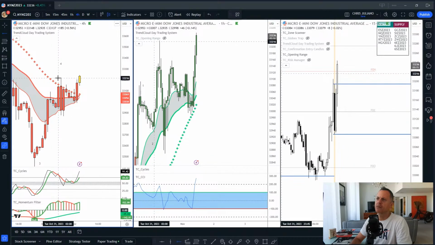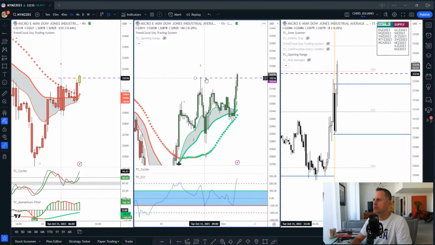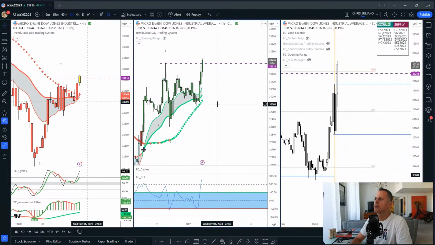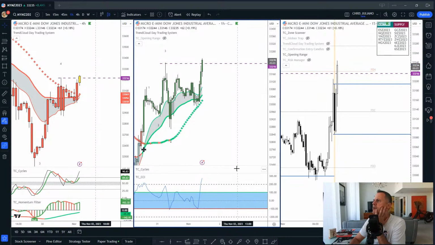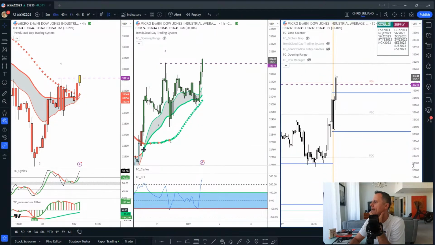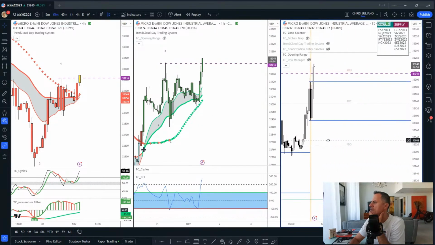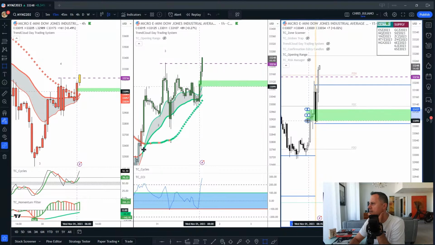Look at that. High time frame, break above structure, middle time frame, break above structure. Let's get a nice close above. If we can close above, well, we got 45 minutes left to close above that. So this is looking really nice here. This looks really nice.